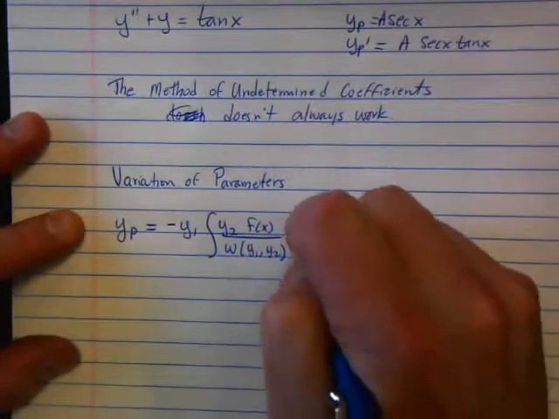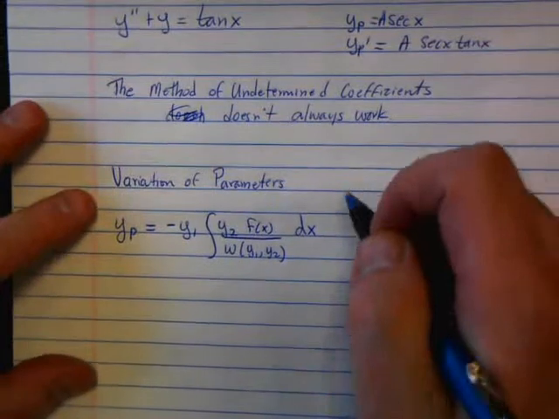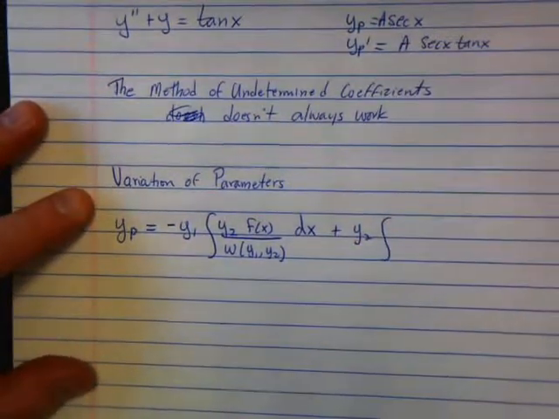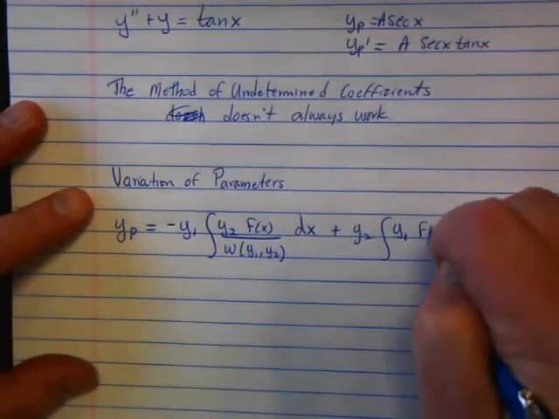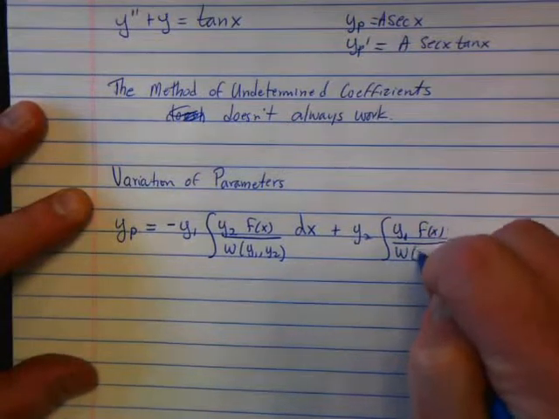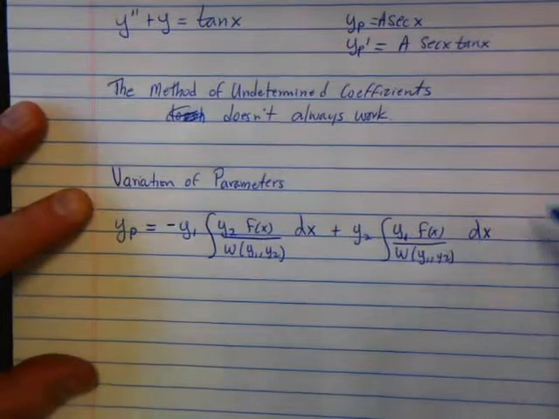Well, it's all derived in your book. I'm not going to bother going through the entire derivation. Plus, it's not done yet. Plus y2 times the integral of y1 times f of x divided by the Wronskian of y1 and y2 dx.